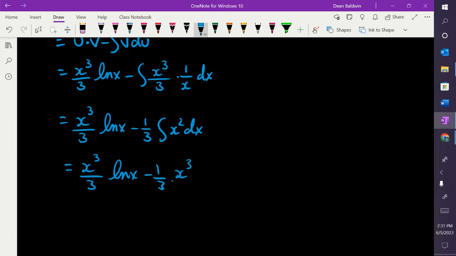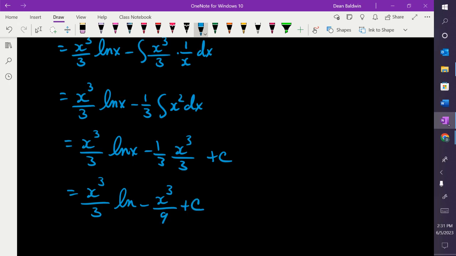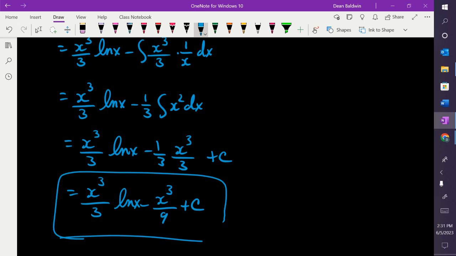It's x cubed over 3. Tack on a plus c. We could put the 3's together and get 1 over 9. We okay?